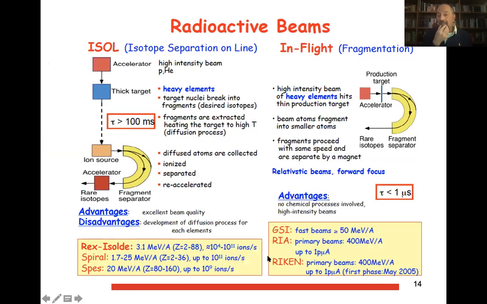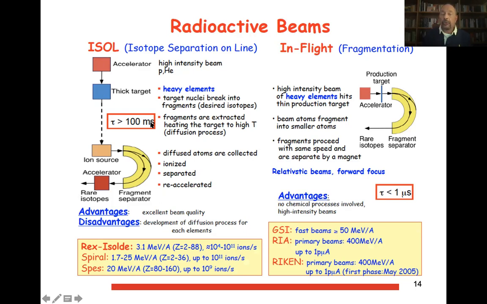So the other systems, when you have radioactive beams, you can separate radioisotopes with two systems. One is called the ISOL, the isotope separation online, and one is called in-flight. For the ISOL, you start with the accelerator, and you have a thick target. This means that all your elements are formed in this thick target.